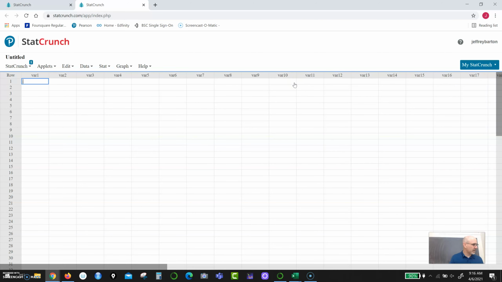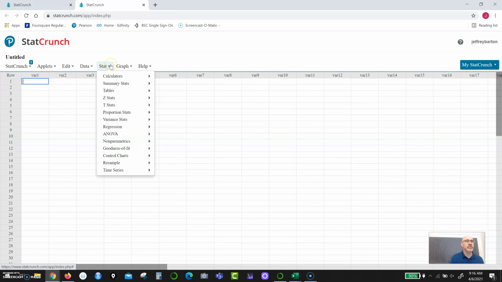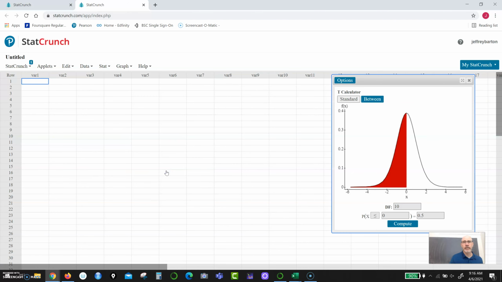All right, so I'm going to do the calculations required for our two examples from the notes. So I need to go to Stat, Calculators, and now down to the t-distribution. And just like the standard normal, you can select a left area or a between area. So I'm going to do a between area. And in the first example, we wanted the 95% confidence interval, and our sample size was 100.